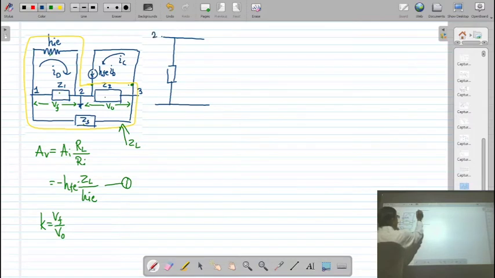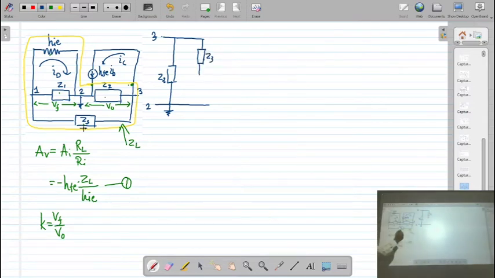Remember, this is terminal number 3 and this one is terminal number 2. Terminal number 2 is connected to the ground. So between 2 and 3 we have impedance Z2. Correct? Now from terminal number 3, Z3 is also connected, so here we can draw Z3.